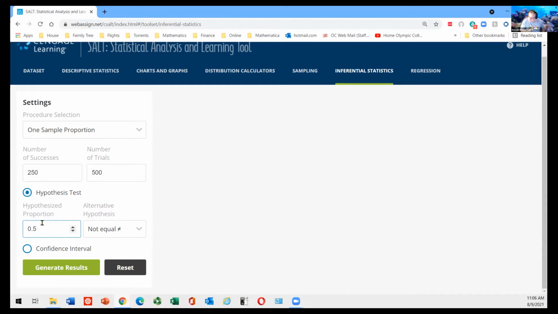So you put the 0.53 here, and then you go over here and pick the less than. Wouldn't it make more sense if those boxes were switched, so you pick the less than first and then do the 0.53? I'm just complaining. Right, now you are good to go. Do not hit confidence interval. Just hit this one. Boom.